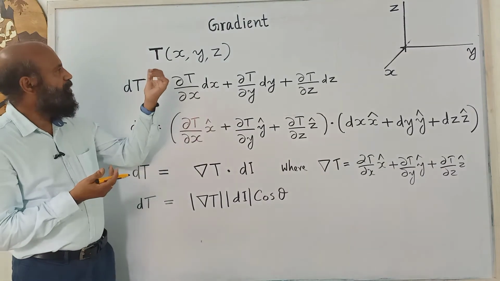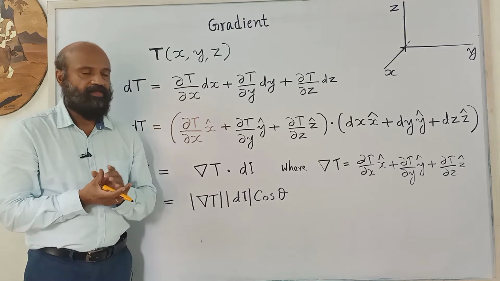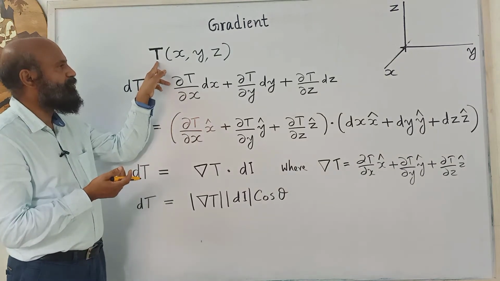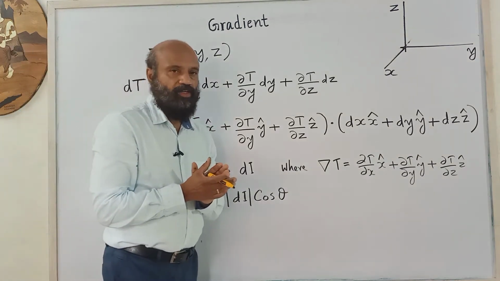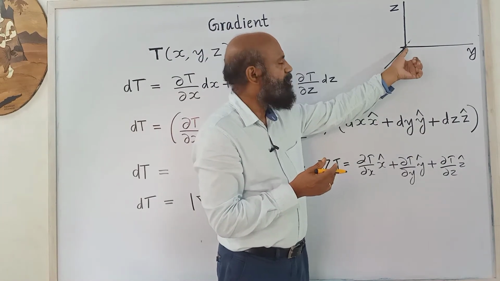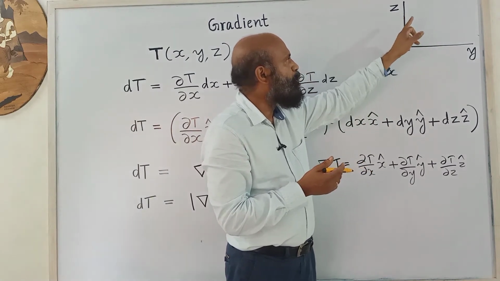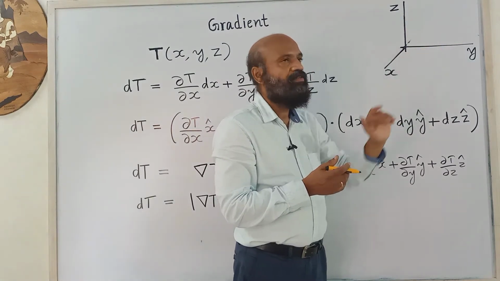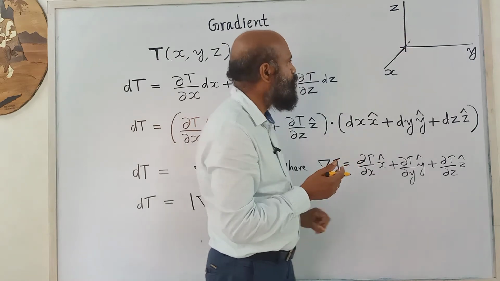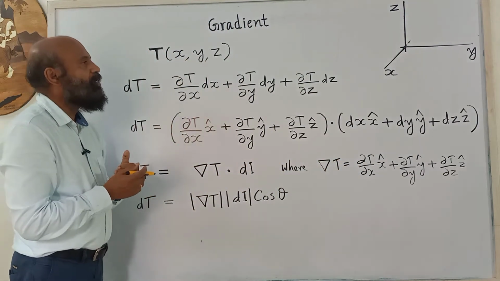Now let us consider a function which depends on three variables. Example, temperature in a room. So you consider a coordinate system in the corner of the room, x, y, z. Corresponding to each point there is a temperature. So temperature is a function which depends on three variables.